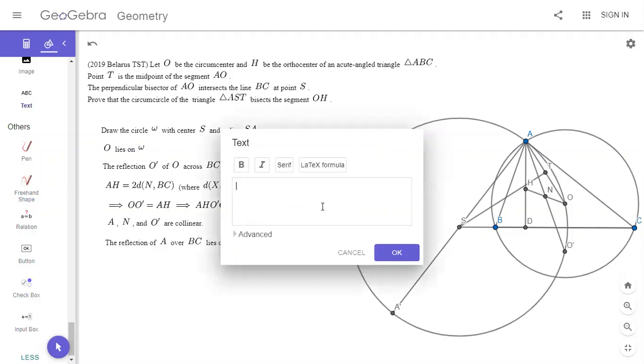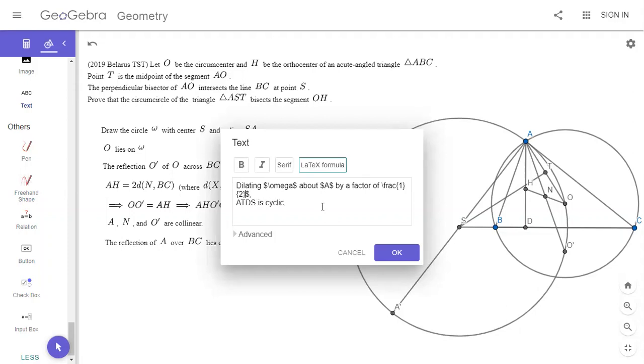So dilating omega about A by a factor of a half. Then ATDS is cyclic.